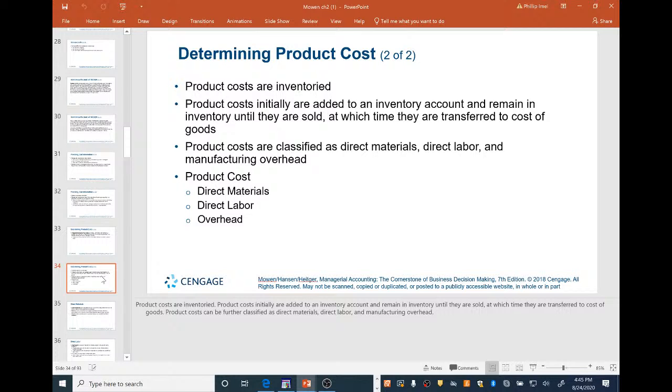Right. An easy way to remember: our inventory, we have a cost, right? We bought that inventory. Let's just break it down real simple. Say I got something that cost me $10, right? I turn around and sell it to you for $20, right? So when I'm holding on to it, I know I have $10 worth of inventory. When I sell it to you, if I want to determine how much I made, I have to back out the $10 of my original cost to find out what my profit was.